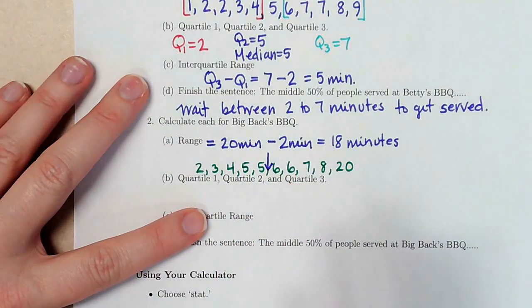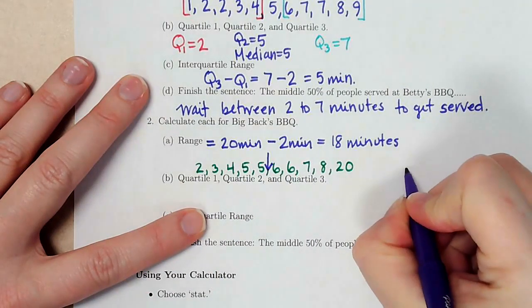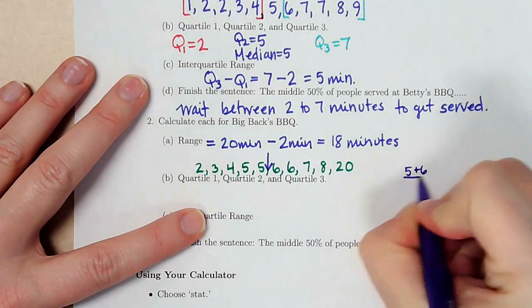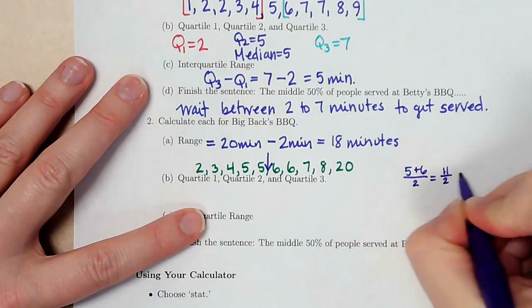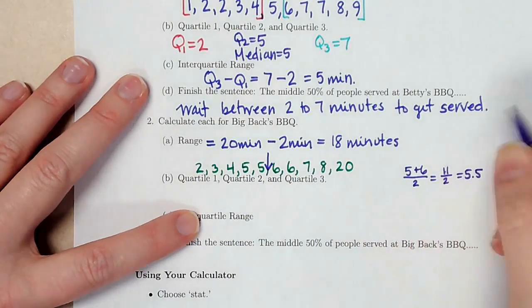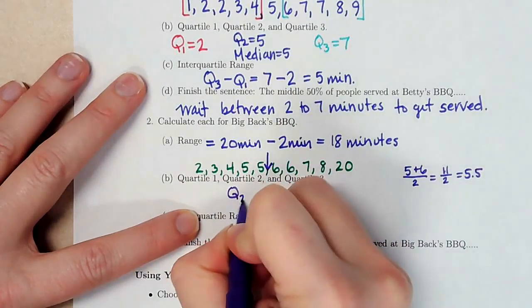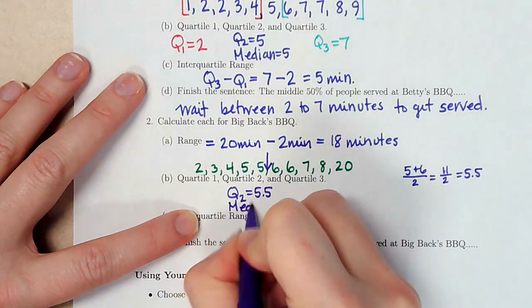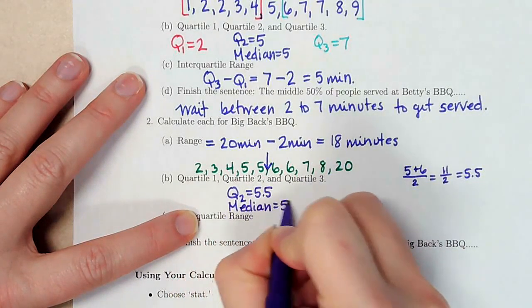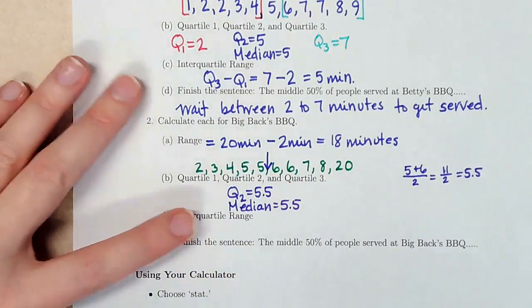I was able to do that in my head, but really I'm thinking 5 plus 6 makes 11, and half of that is 5.5. So quartile 2 is 5.5 minutes, in other words the median is 5.5 minutes.